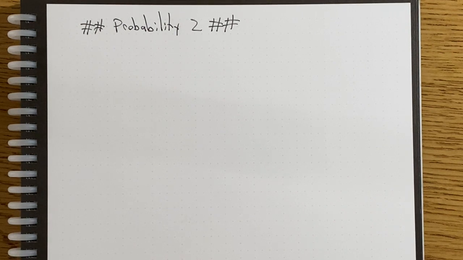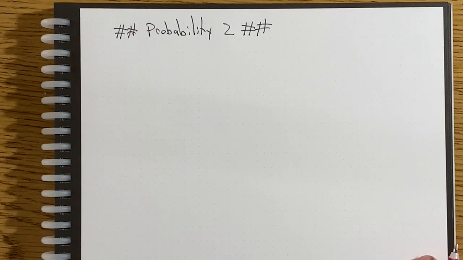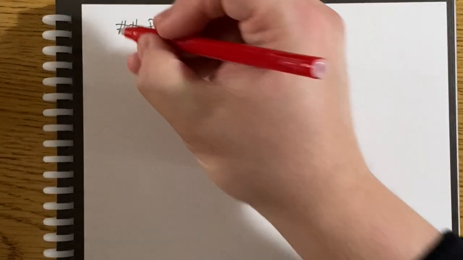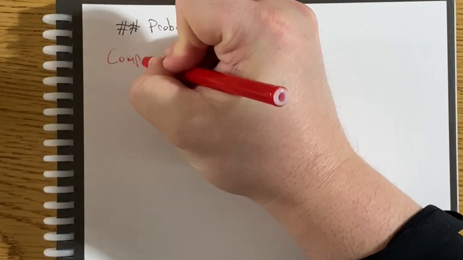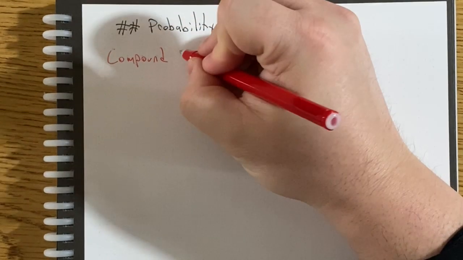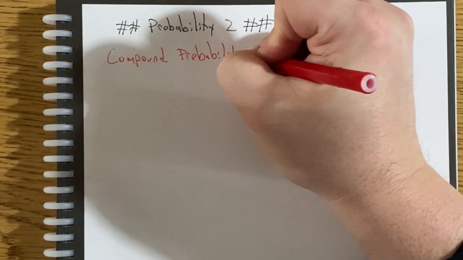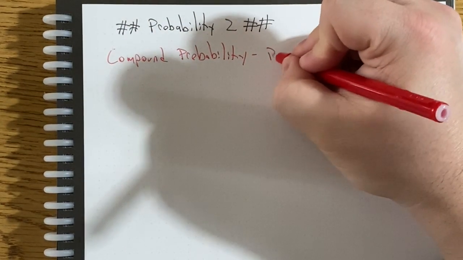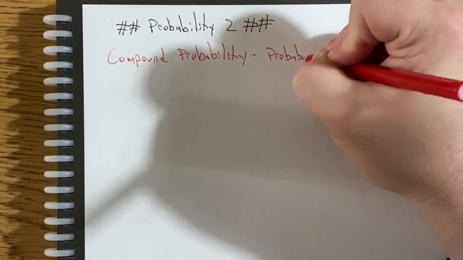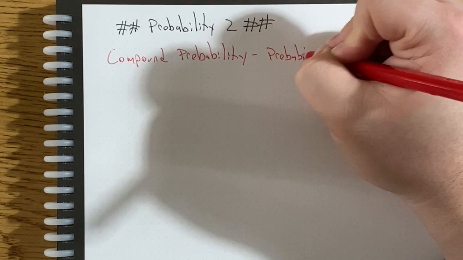Anyway, today we're going to talk about probability in a slightly different way. We're going to talk about what's called compound probability, and that's basically the probability of multiple events.